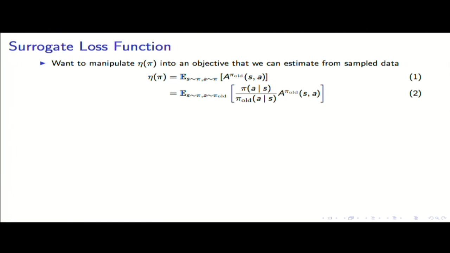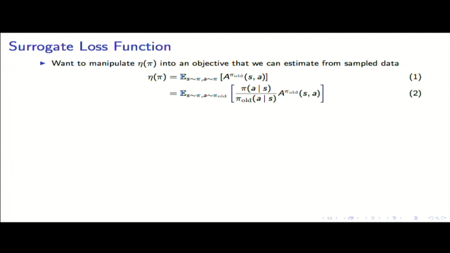But we still can't use this yet because the problem is that we have this state distribution. We have this expectation over states sampled from the policy pi. And so if we're going to try to optimize over pi, then we can't compute this expectation at a new value of pi that we haven't tried out yet.